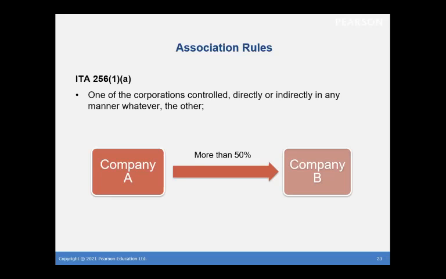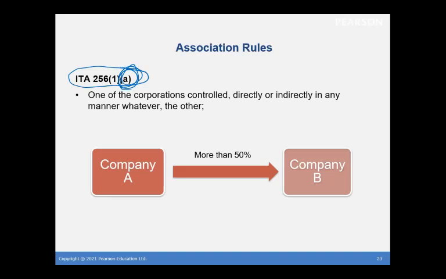In the questions you'll see, it may ask you to refer to the section of the act that you're using to make your decision. So this one right here is A. This will be our first one, and this is the most simple one.